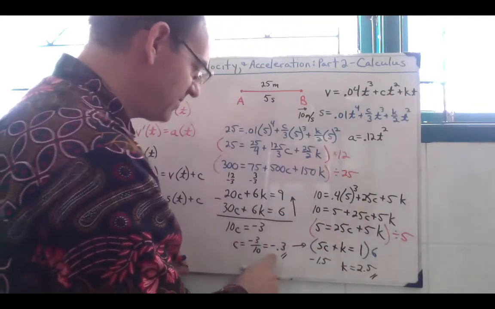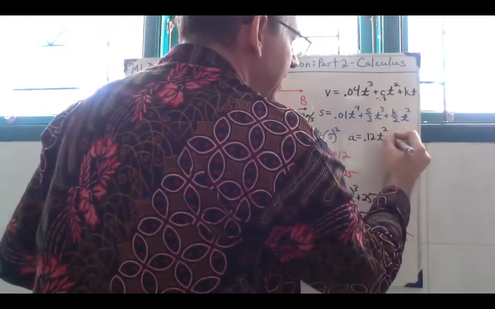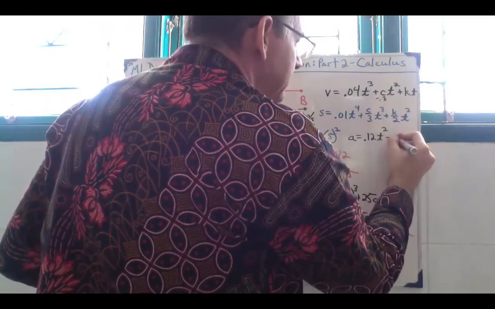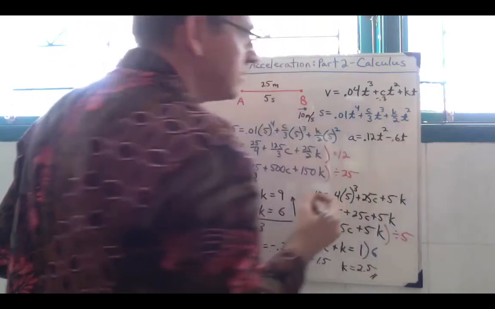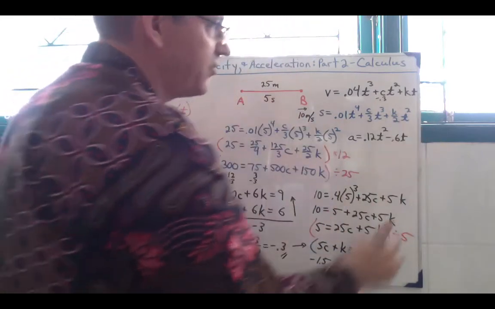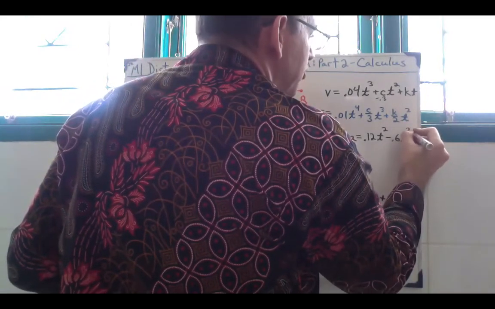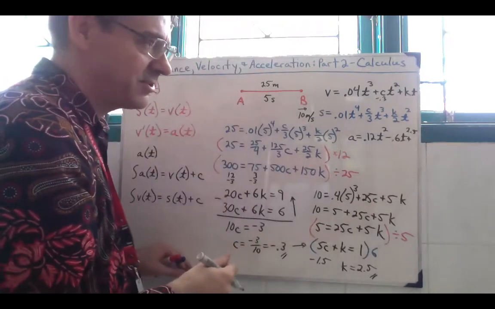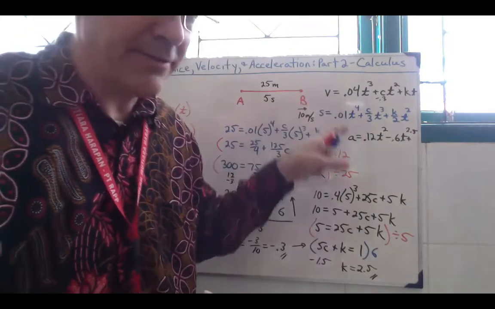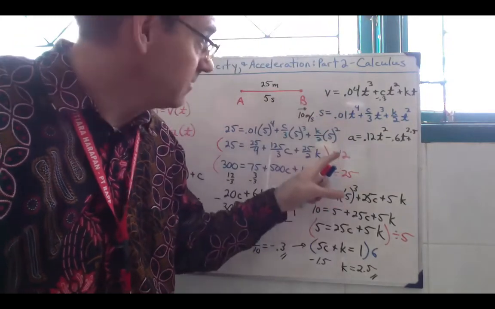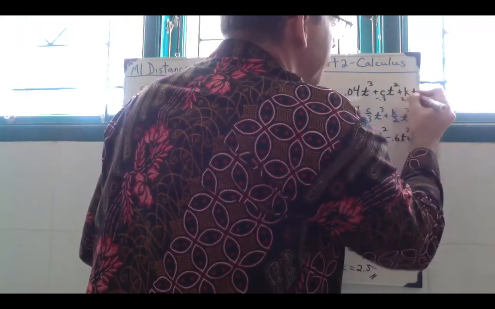And we already have our c as -0.3, so this is now -0.6t. And then our k is 2.5, so it's just plus 2.5. That's our acceleration.